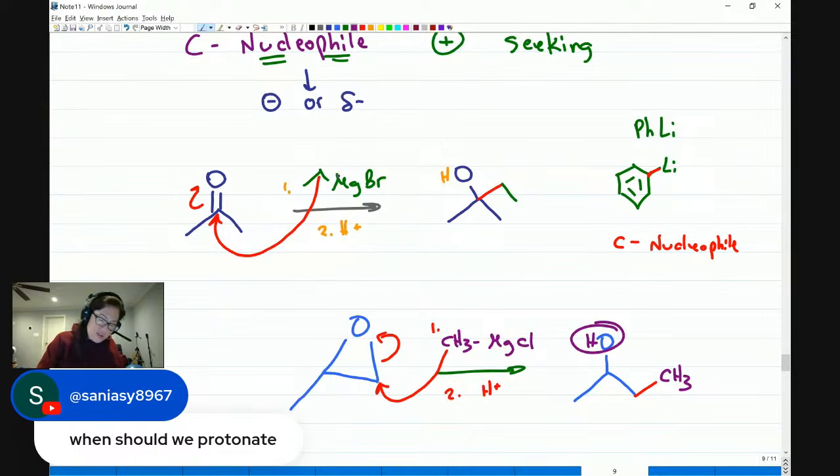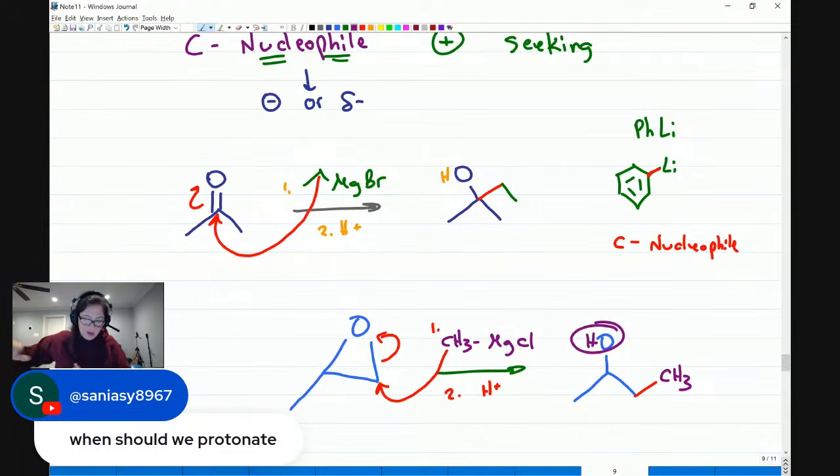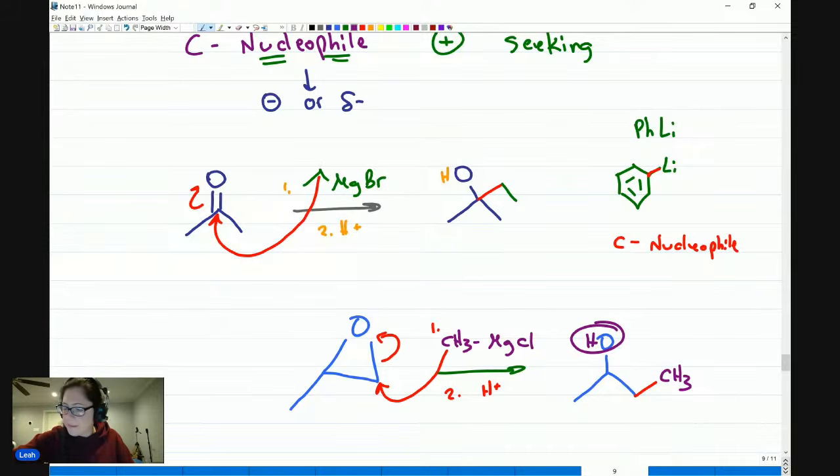So first you want to do step 1. Make sure that reaction goes as much to completion as you can. Then when you know that all the Grignard is reacted or you've given it enough time to react, you add your acid so that the Grignards are no longer active as Grignards. Now we just have a lot of these with O-. Then you start to protonate. Let me know if that is clear.